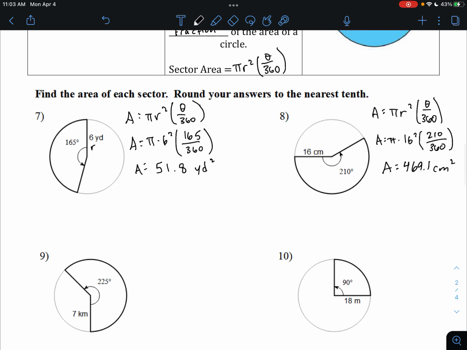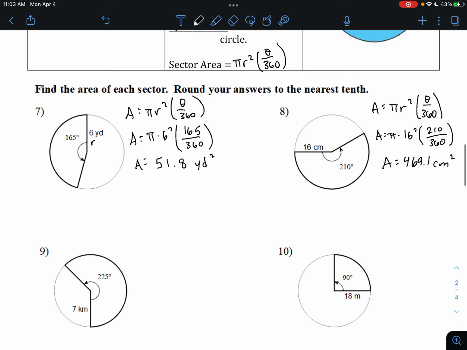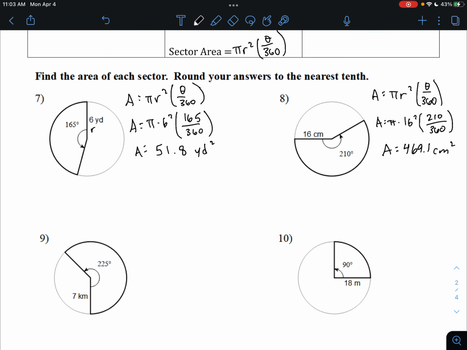Now, if you got both of these correct without me, you should be good to go. If you didn't, pause the video or rewind it and go back and watch these again. Make sure you know how I got these answers. Then I want you to try questions 9 and 10. Go ahead and pause the video, try those on your own, and then I'll give you the answers in a second.